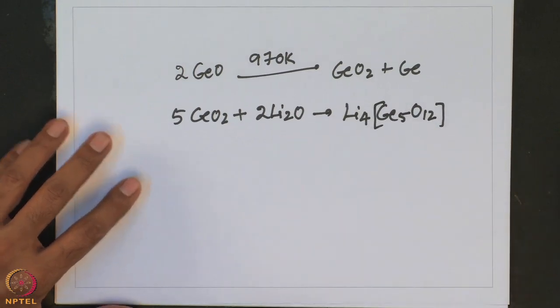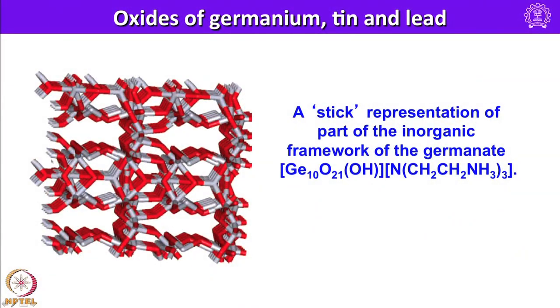So, this is how one can make some of these germanium oxides, and a germanium oxide such as this one having a network structure can be seen here. Okay, this composition is here, you can see.